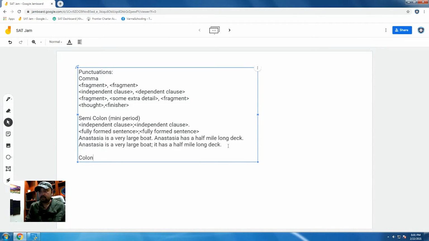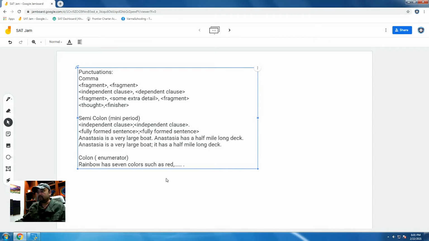A colon is an enumerator most of the times. Like if you were to say, a rainbow has 7 colors, such as red, and then you list the whole thing, and then period. So if we were to just not keep saying such as every time, we could replace that with a colon.